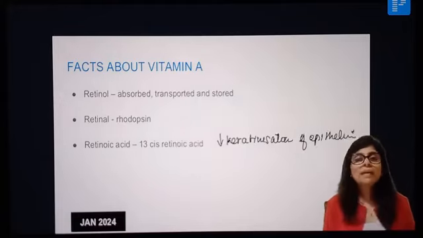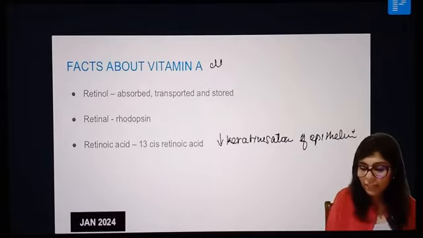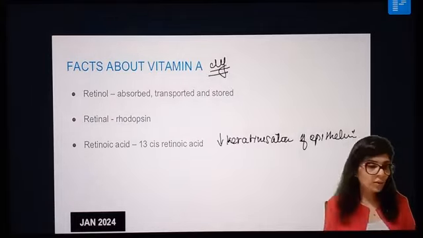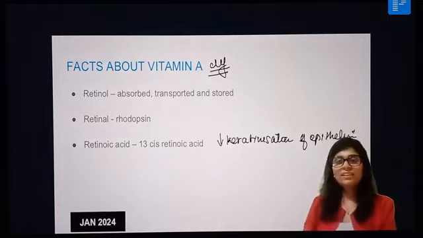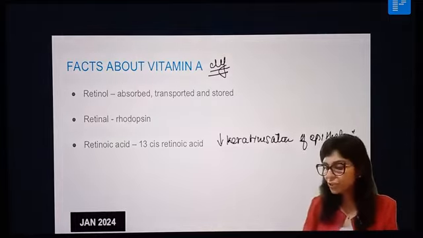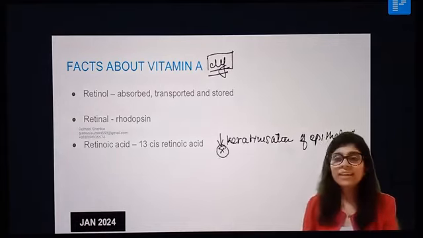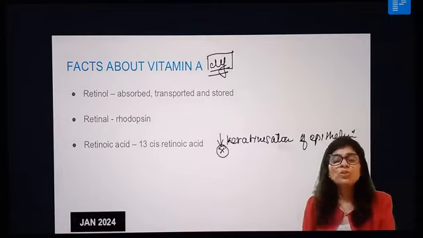So tell me what will happen whenever there is vitamin A deficiency. What will not happen? 13-cis retinoic acid suppresses keratinization of epithelium, and whenever there is vitamin A deficiency, there is no suppression of keratinization of epithelium. So what do you expect?